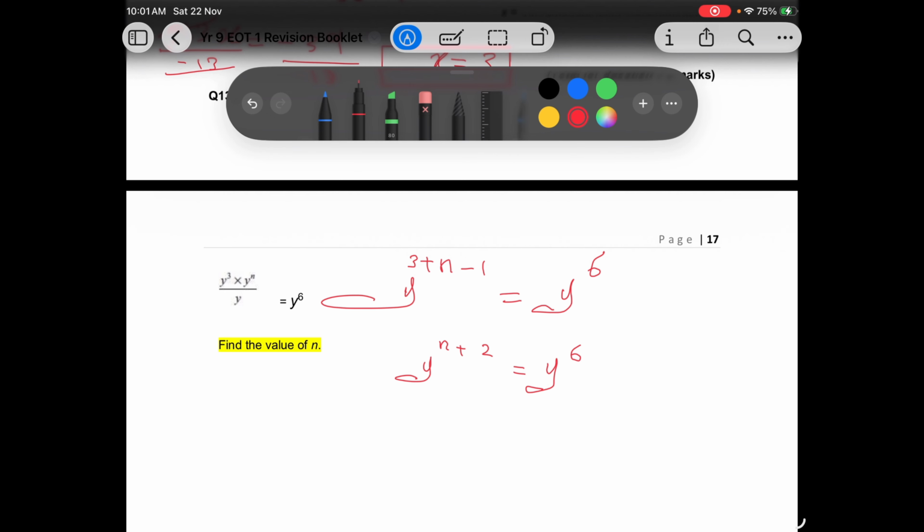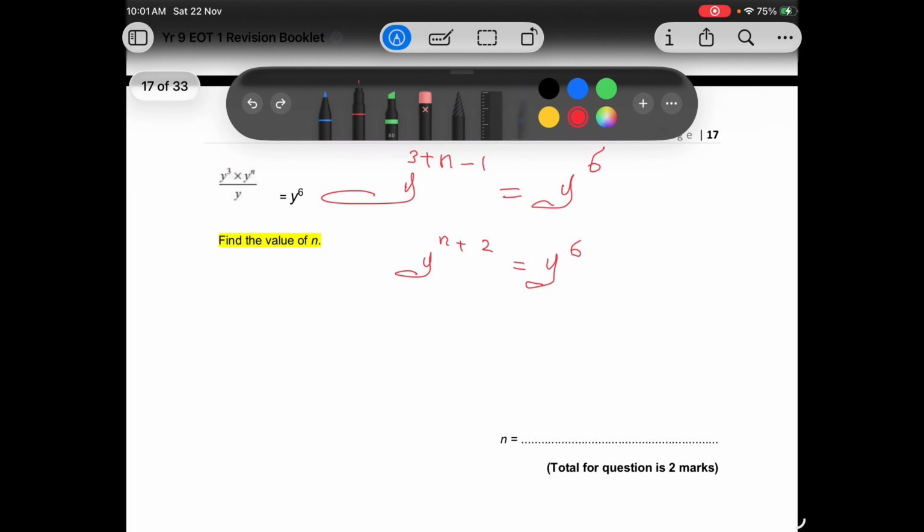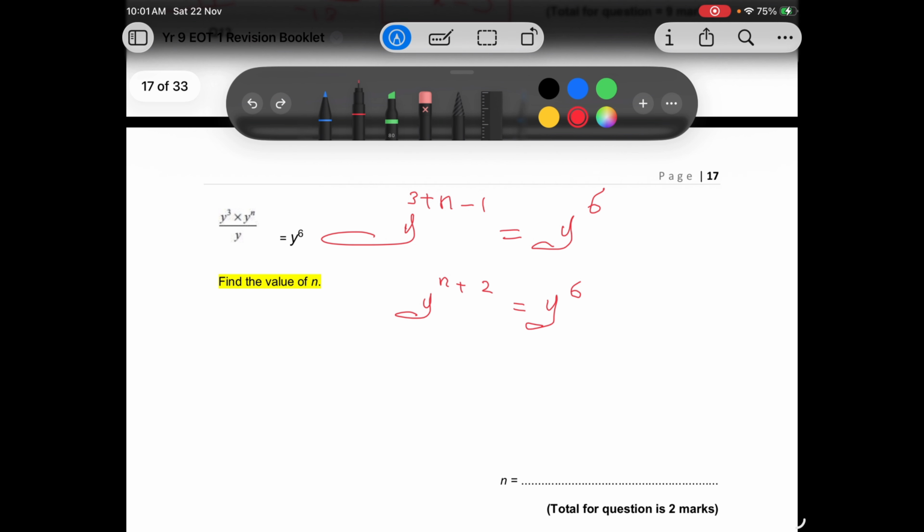Okay, because this is an exponential equation and the bases are the same, the exponents are the same. So n plus 2 equals 6. Just move this to the other side, then n will be 4 and that's it.